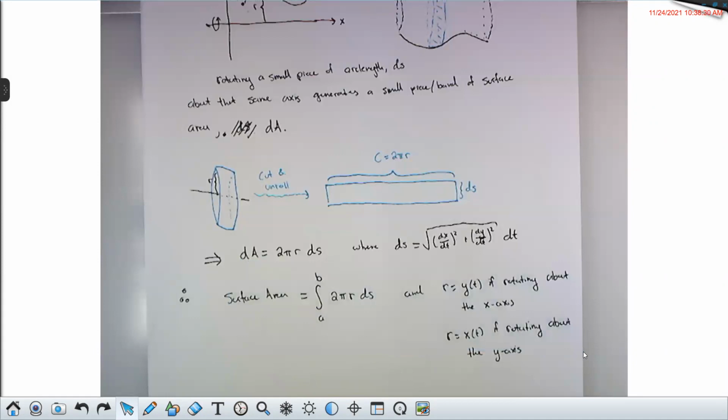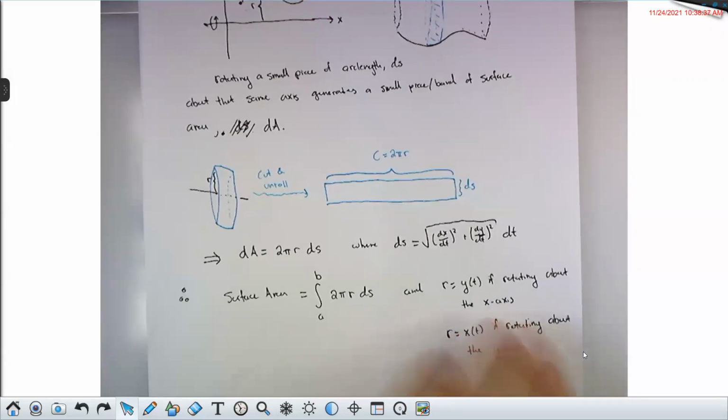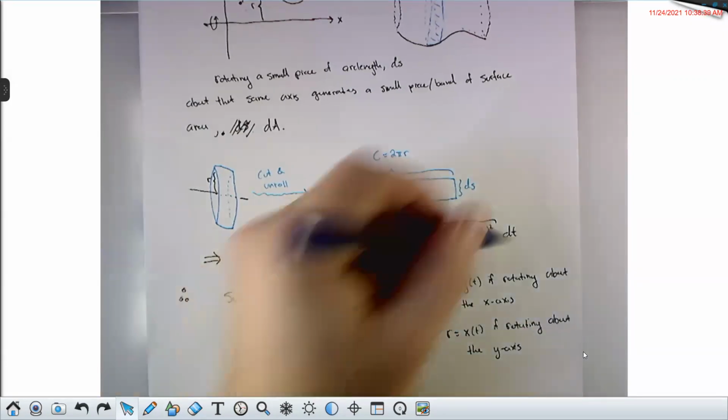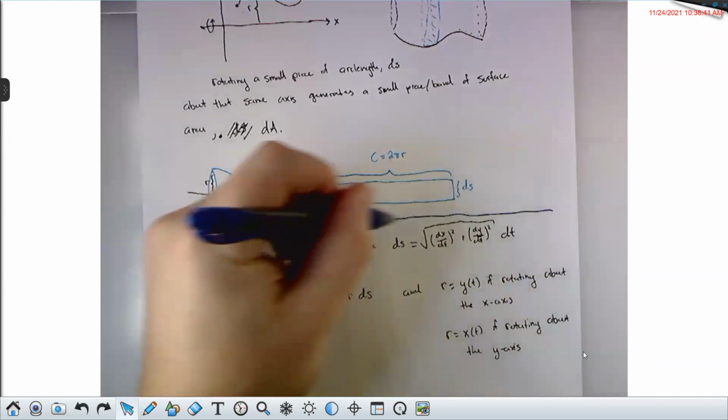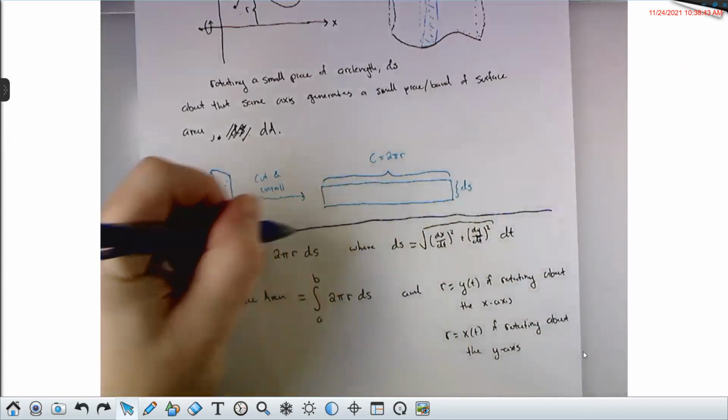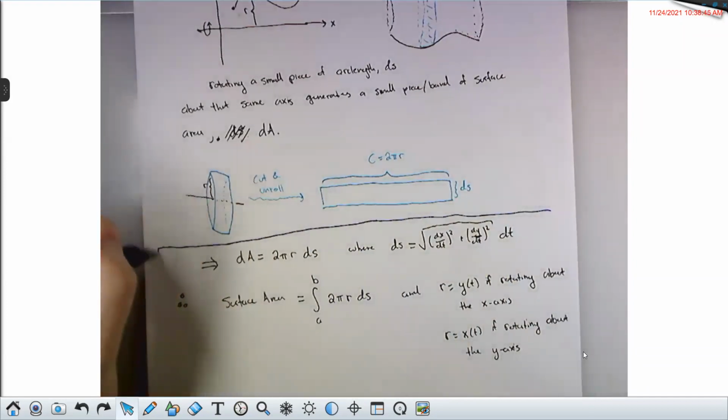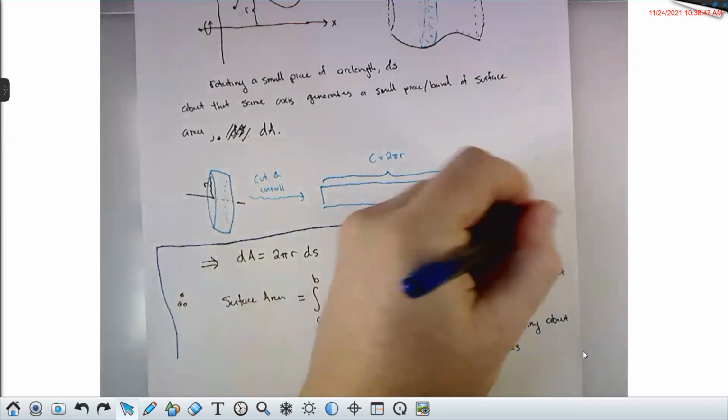So let's calculate a surface area or two. This would be the thing I recommend you save if you do flashcards. This is your surface area formula.